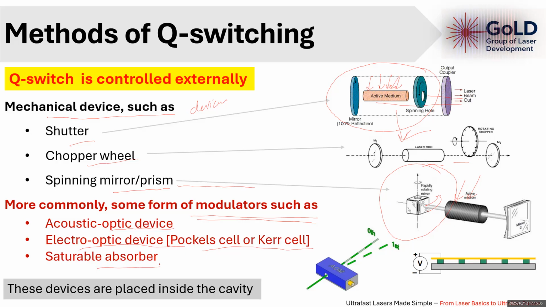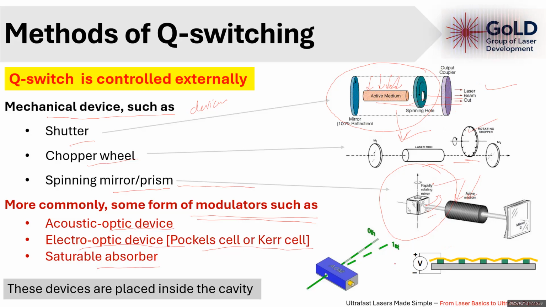So these devices are placed inside the cavity, okay? Inside the cavity means if you have a mechanical thing like a chopper, it has to be inside the cavity like here. If you have any mechanical mirror, that is obviously inside the cavity or at one end of the cavity.